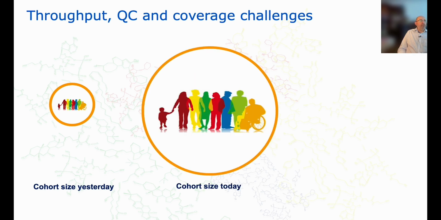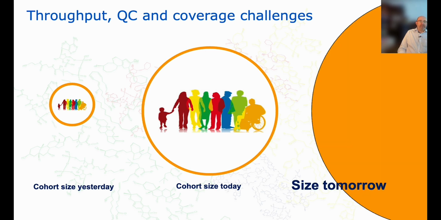So we are growing from thousands to maybe 50,000 already being analyzed. And what is tomorrow? Can we go with the same analytics? We have to think about how to provide tools to the community at the analytical and data processing side so that we can match this challenge that the big cohorts will be analyzed as well.